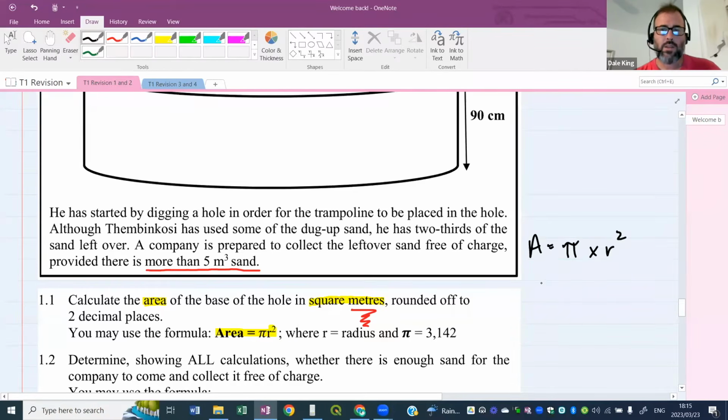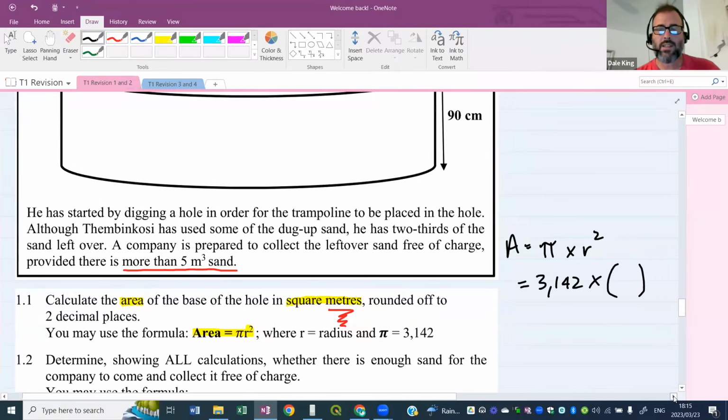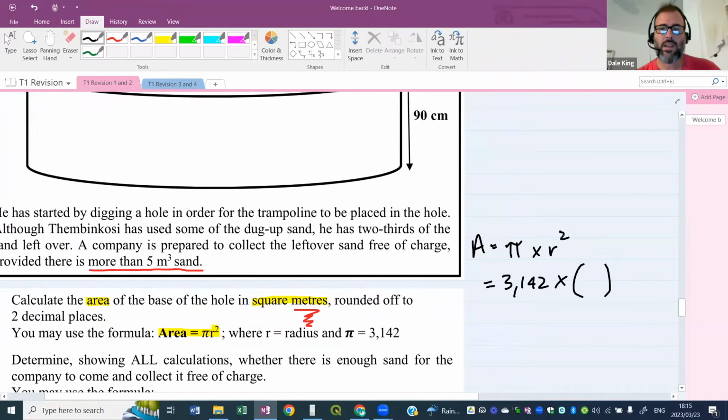Now we substitute in all our values. We have 3,142 and multiply by the radius. I'm going to put a bracket here because I haven't divided the diameter yet, and it'll give me the radius.